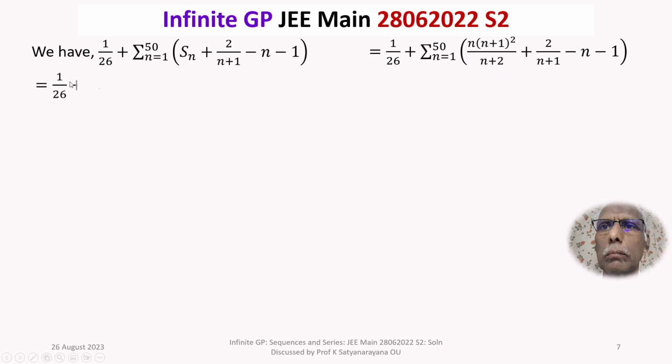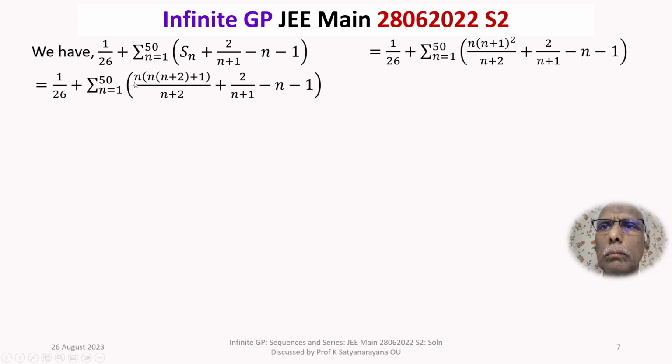Now this is equal to 1 by 26 plus sigma n equal to 1 to 50 of n into (n plus 1) whole square, which is n square plus 2n plus 1. That we have written as n into (n into (n plus 2) plus 1), that is n into (n square plus 2n plus 1) by (n plus 2).